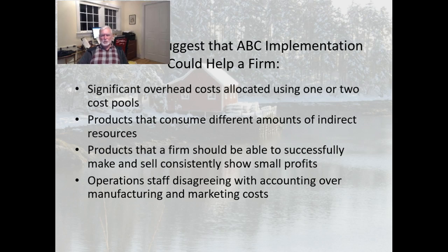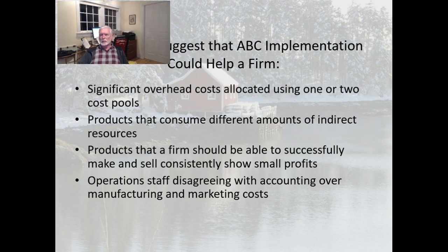So how would you decide you should implement ABC? If you've got large overhead costs and you're using one or two cost pools to allocate them, that's probably a signal that maybe you should be going to ABC. You've got products that really are different and consume different amounts of those indirect resources.